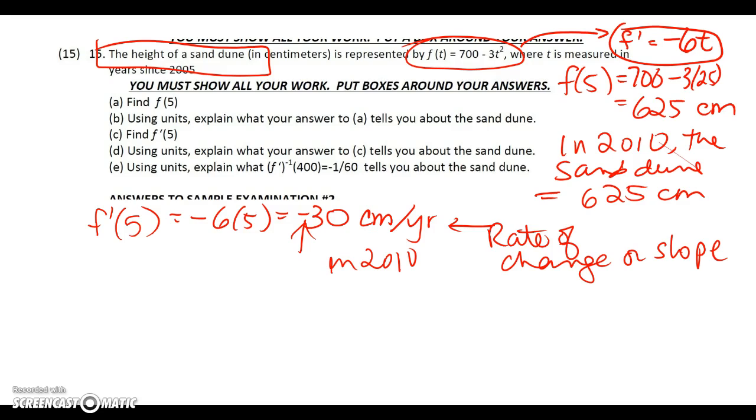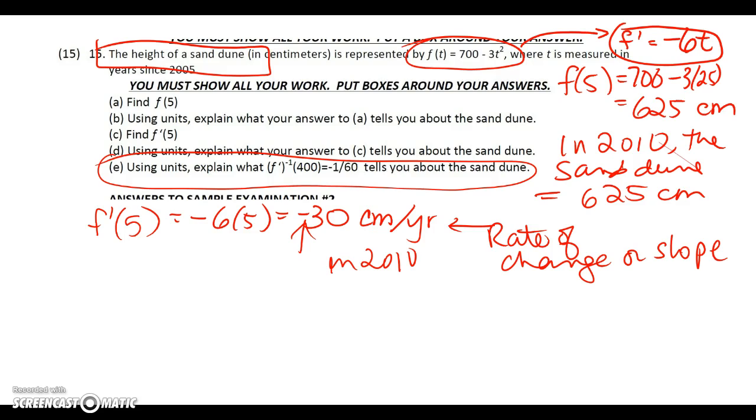Okay? Now, E is interesting. I was doing some investigation on it and I was having trouble, but what I think he wants you to do is to understand that when you take an inverse, you are basically switching the x and y units, okay?